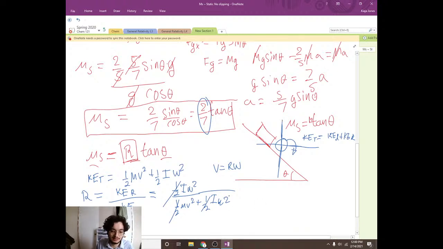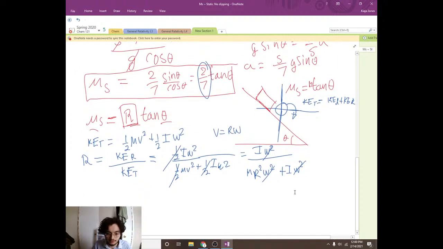So then we have I omega squared over m r squared omega squared plus I omega squared. Of course, the omega squared goes away. And then what's left here is the moment of inertia. The moment of inertia is really what matters in this problem. Mass doesn't matter because moment of inertia has got a mass in it.